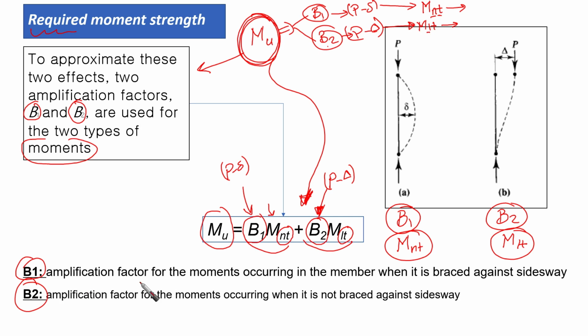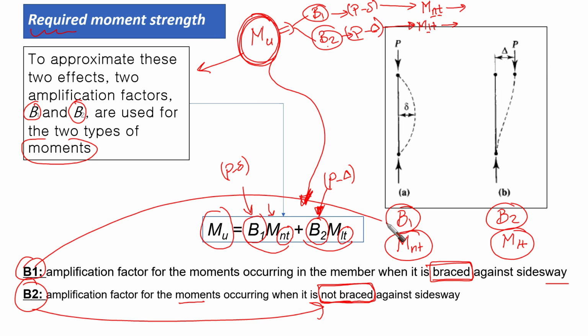B1 is the amplification factor for the moments occurring in the member when it is braced. Take care of this word: against sidesway. And B2 is the amplification factor for moments occurring when it is not braced. So remember, B2 is for not braced, B1 is related to braced; B1 is related to P small delta, B2 related to P capital delta.